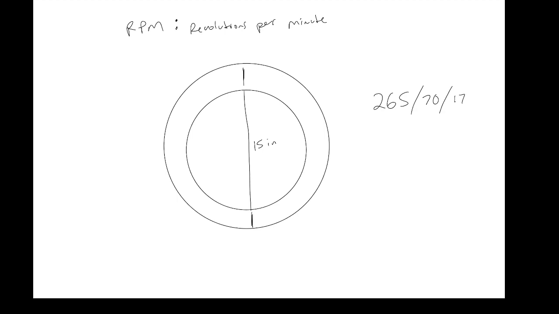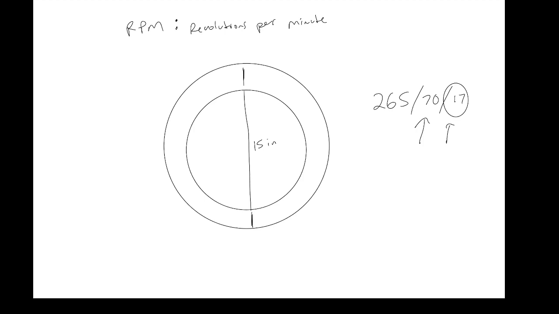What that means is that the 265 is referring to the overall width, okay? But the 70 is referring to this aspect ratio, and that's going to change with regard to the 17, which is just this inner wheel. So the bigger this number gets, the smaller this number is going to get.